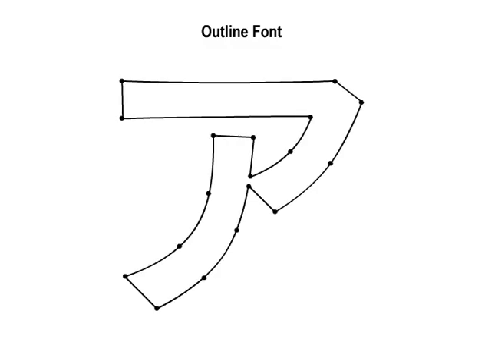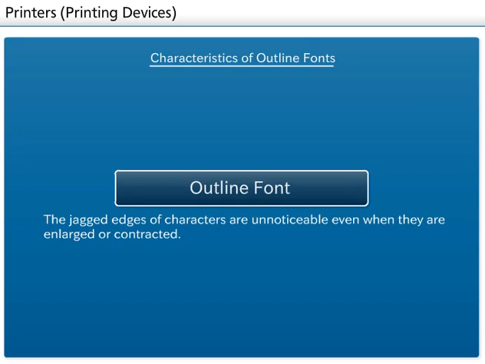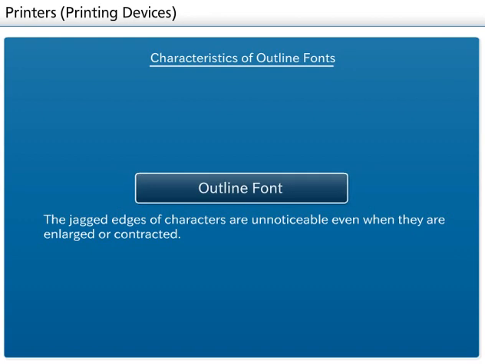In contrast to this font, a font in which the dots that express the outline of the character are connected with smooth curves is called the outline font. It has the advantage of making the jagged edges, called jaggies, unnoticeable when they are scaled up or down.